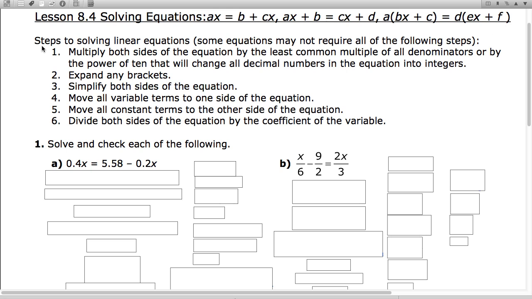Anyways, here are the steps to solving those linear equations. Just a note here that some equations may not require all of the following steps.